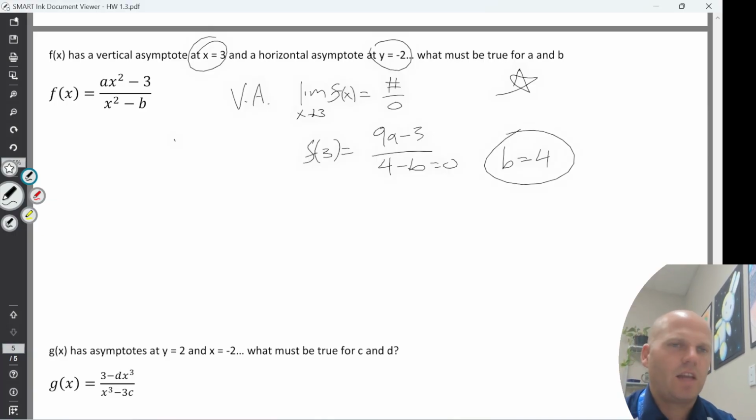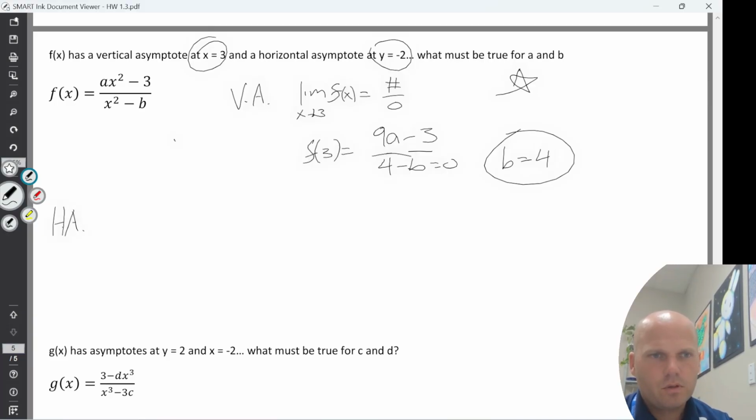I think I've just found b. Now, did I find a? No, I didn't, but let's use the other limit. The horizontal asymptote is at y equals negative 2.